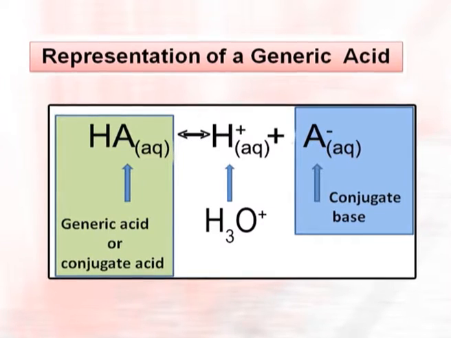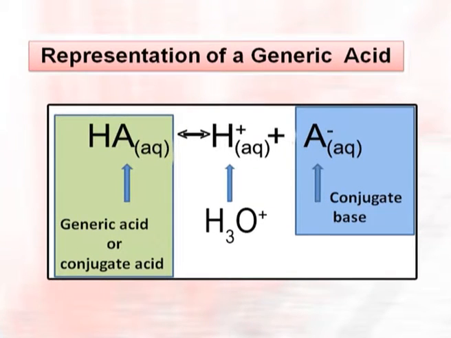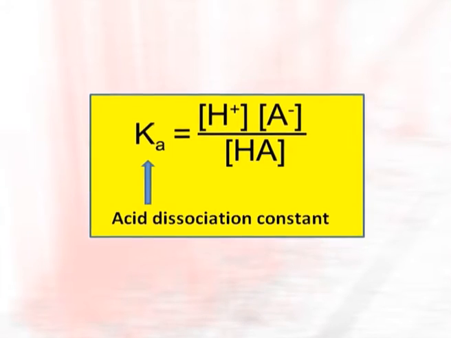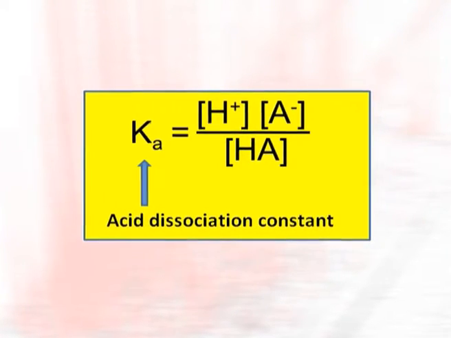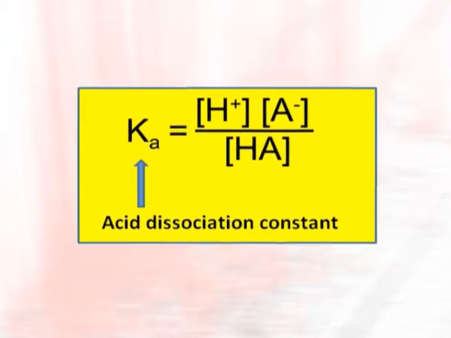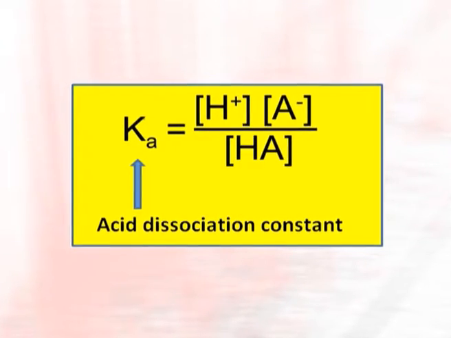H plus is the proton, which may stay hydrated to form H3O plus, and the A minus is called the conjugate base. The dissociation constant of this reaction, Ka, is expressed as the concentration of A minus times the concentration of H plus divided by the concentration of HA.